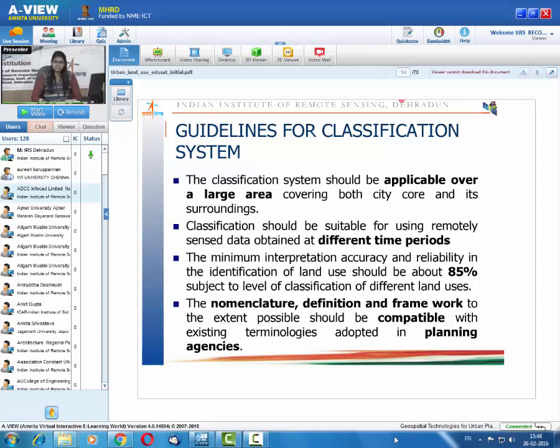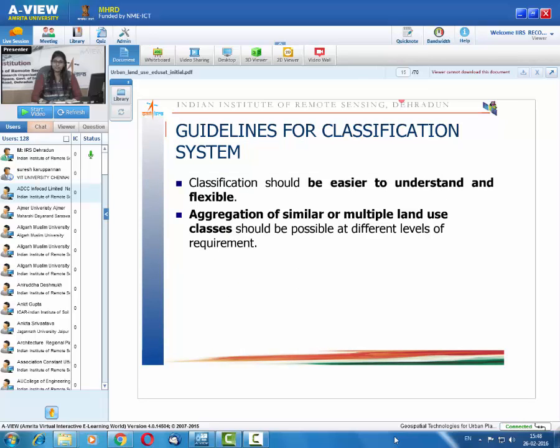The nomenclature, the definition and framework should be easy to understand, should be flexible, and aggregation of similar or multiple land use classes should be possible.